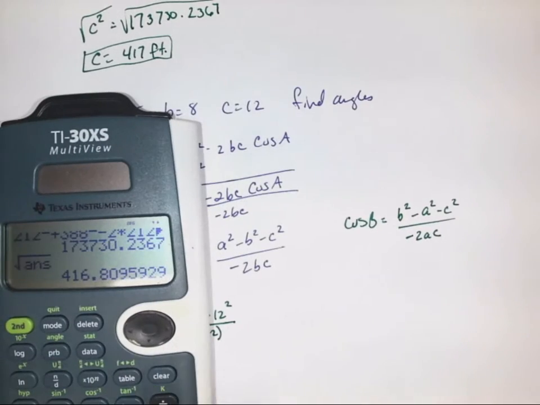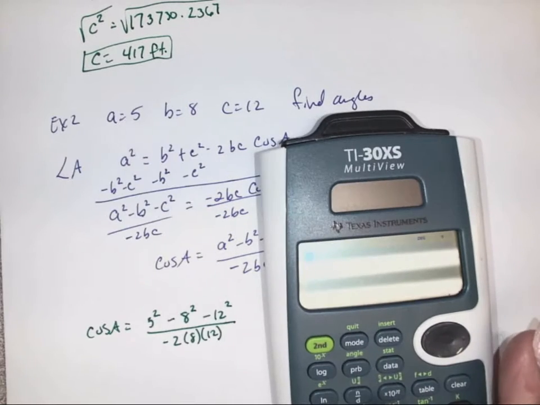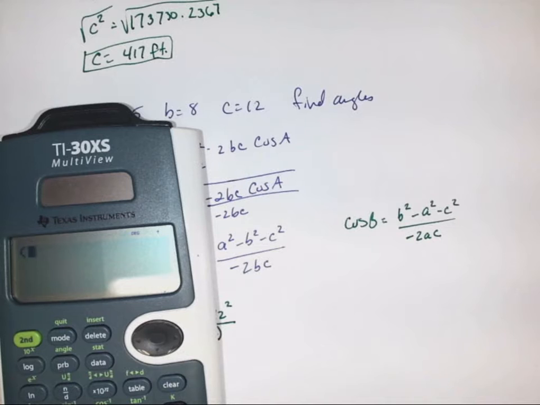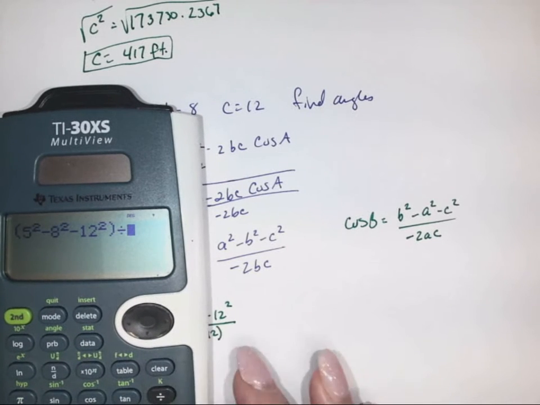All right, so let's go put this in our calculator. Now, if we're putting it in the calculator and you're not using a fraction format, you're going to have to parenthesize the top. So we'll have 5 squared minus 8 squared minus 12 squared, close out the top, and then divide by the bottom. The bottom is all multiplied, so it should follow the order of operations, but if you want to be sure, you can put all of that in parentheses.